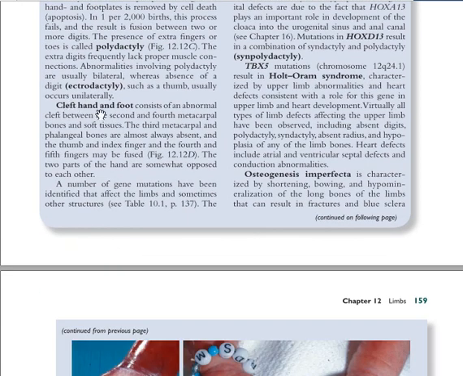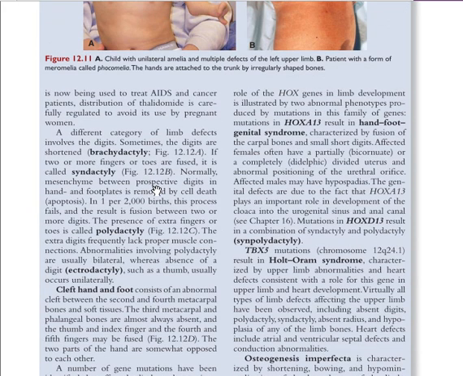Now the cleft hand and the cleft foot: usually it is an abnormal cleft between the second and the fourth metacarpal bones, with the absence of the third metacarpal bone and digit. Is it clear? This is due to different mutations.